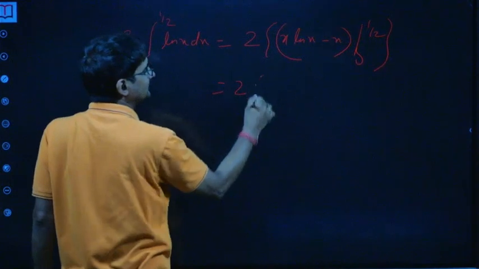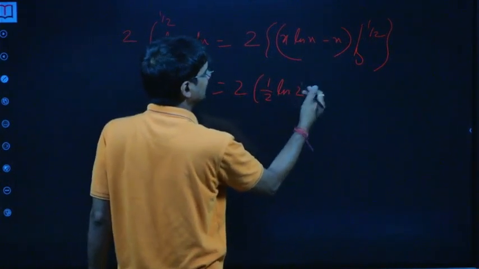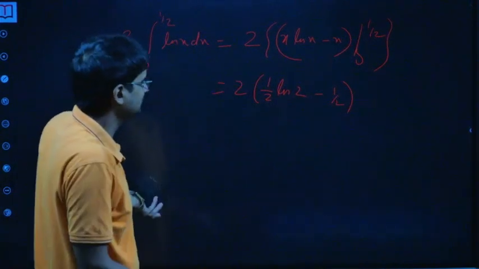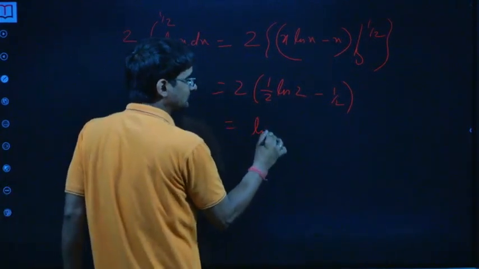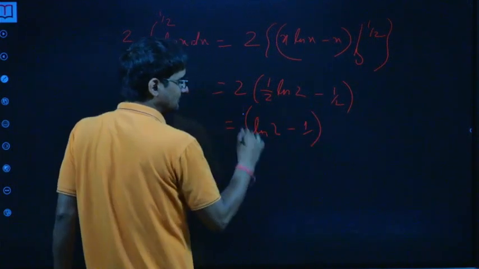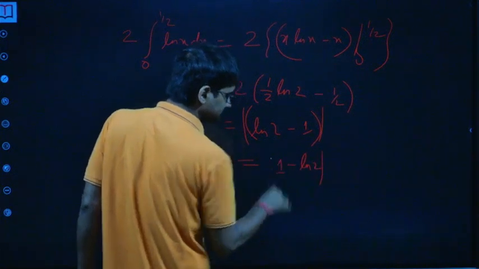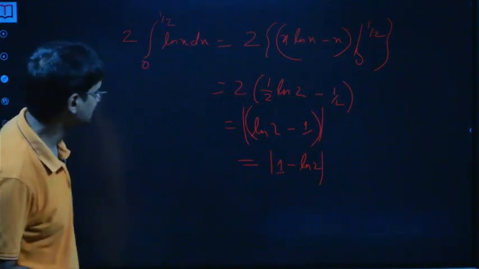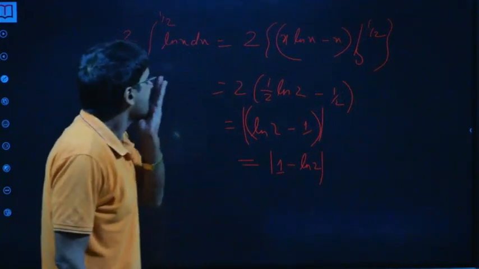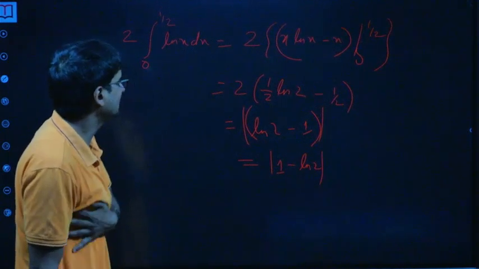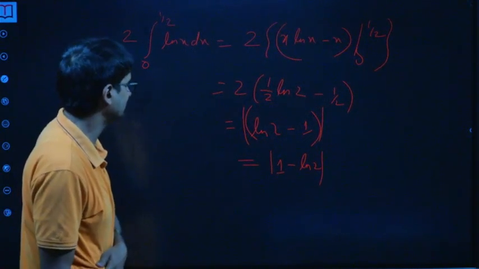So it's 2 times half ln 2, and then minus half, fair enough, and then 0 is 0. So it's ln 2 minus 1 mod. So it has to be 1 minus ln 2. I think all of you will agree. Isn't that half ln half minus 1, and then you put 0, everything gets 0.